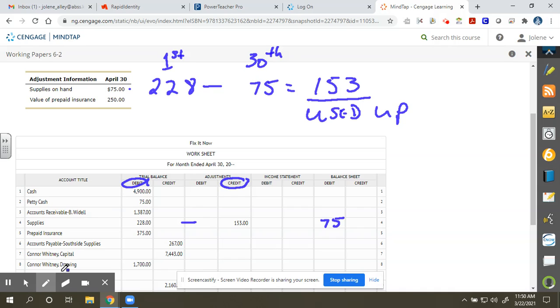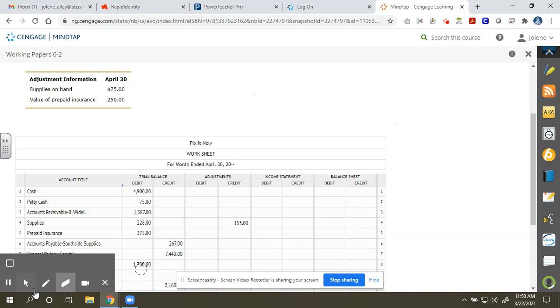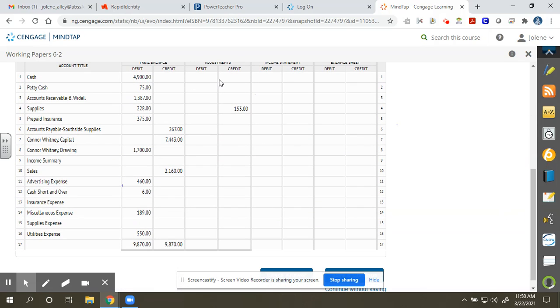Now, I got to show you something here too. Your debits have to equal your credits. You know that. So if I put this in the credit here for supplies, where do I put it in the debit? If you look in your book, here are supplies.